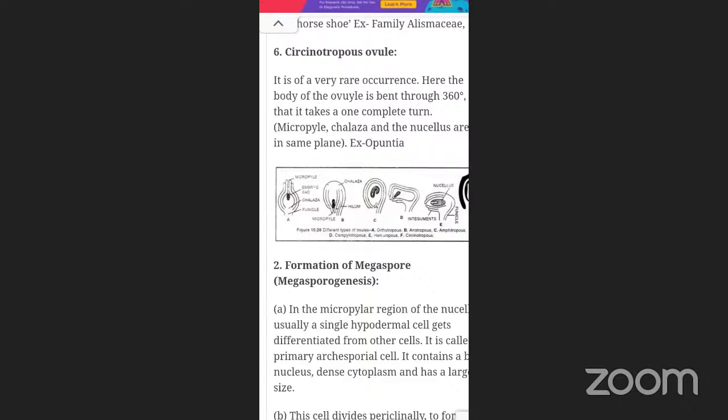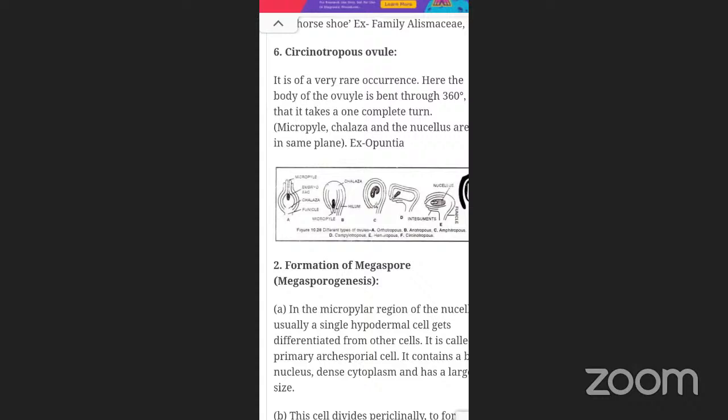So, operculum. So here, operculum. In 1869, there was recorded the presence of a stopper-like structure on the micropylar end of the lemna, which is called the operculum.